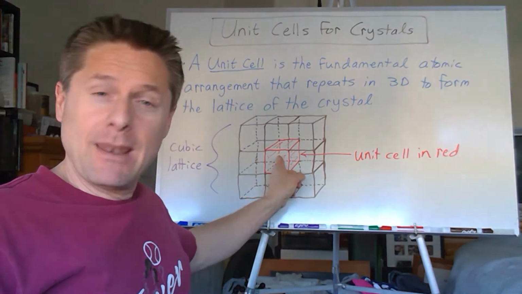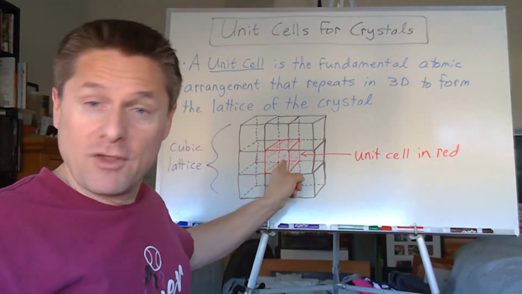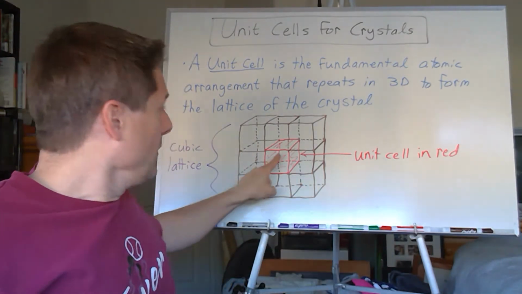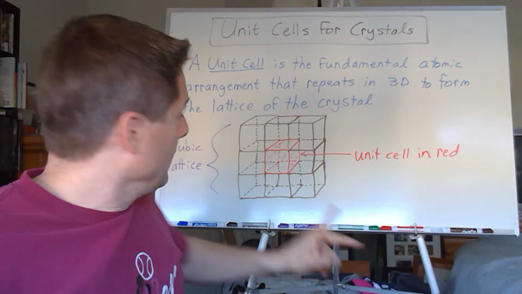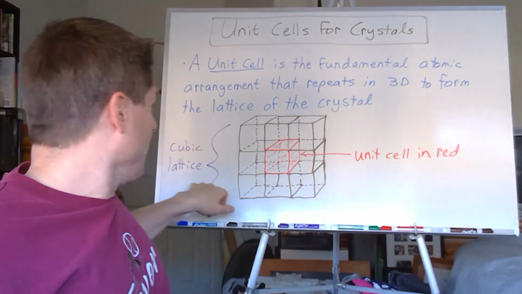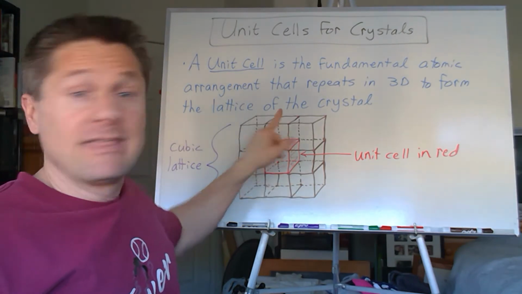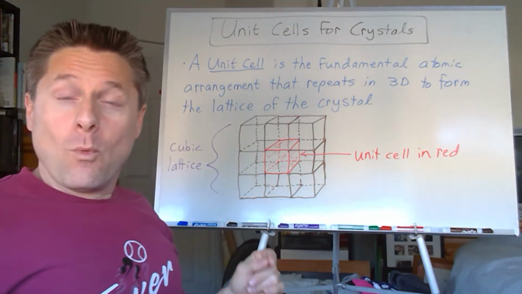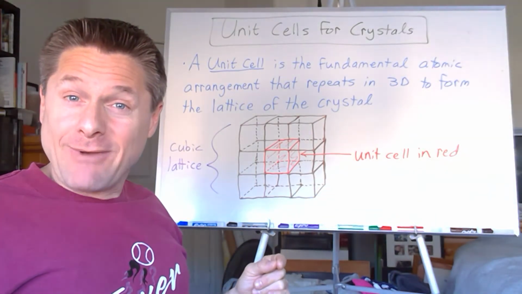If we know how many atoms are in that unit cell, and if we know the volume of that unit cell, we can convert the number of atoms to mass. We can get the volume if we know the edge length, especially if it's a cubic lattice like this, because the volume would just be the length cubed, correct? So if we know the mass and the volume, boom, we've got the density.